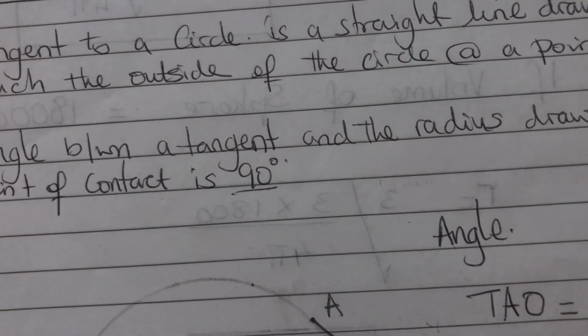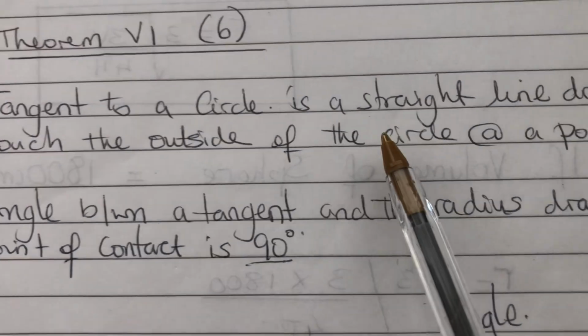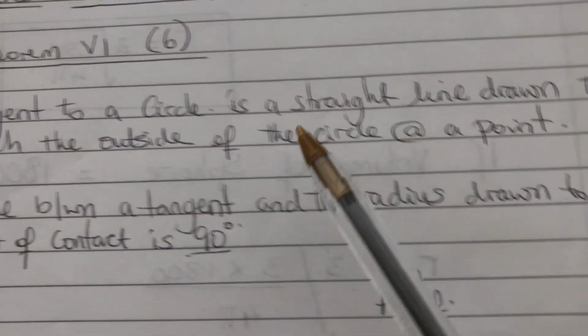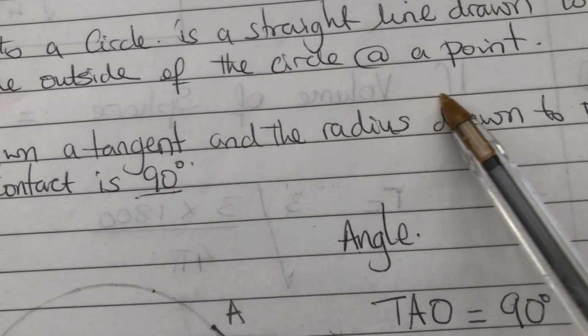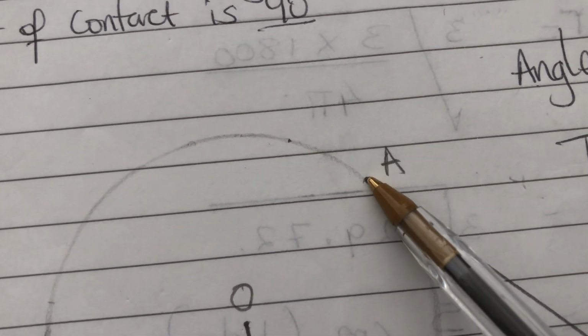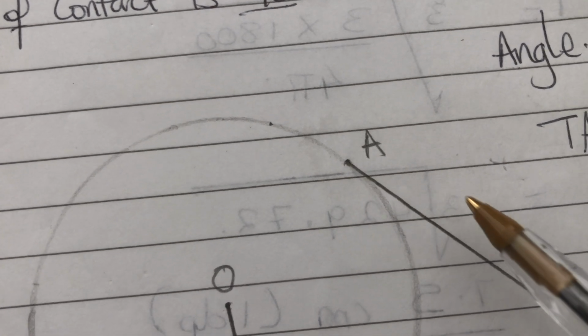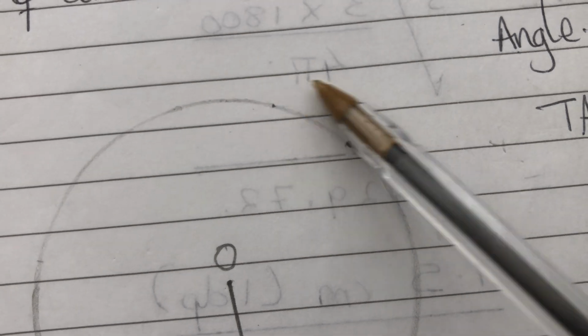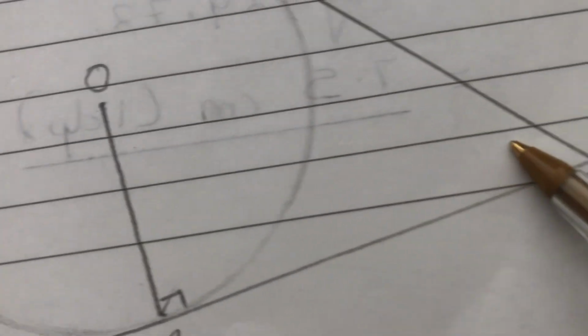But this theorem says that the tangent to a circle is a straight line drawn to touch the outside of the circle at a point. So that is a tangent here. So here is a point on the circumference. If you draw a straight line through this point, that is a tangent, and that is a tangent.